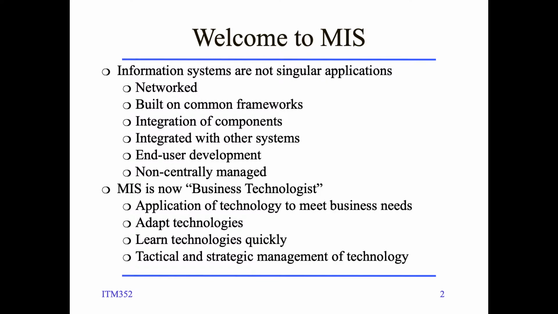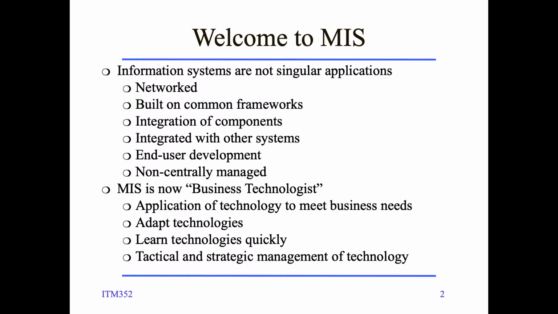Information systems also frequently have a lot of end-user development, which allows the user, not a specialist or software developer, to be able to modify or extend the system itself. And information systems tend to be not centrally managed anymore. They tend to be a combination of things that are interacting with servers and mostly run on clients.